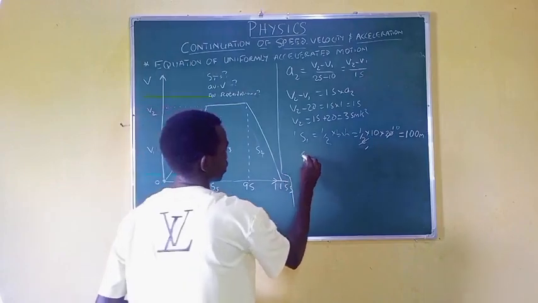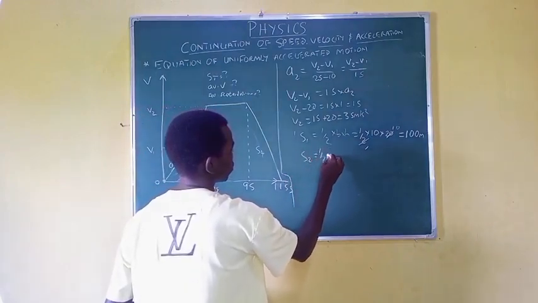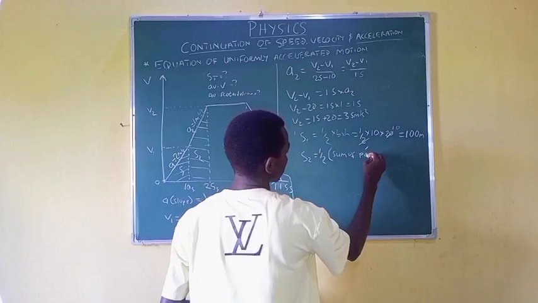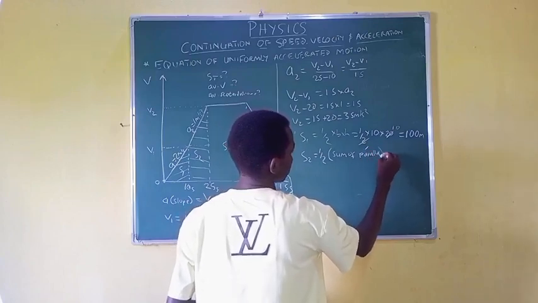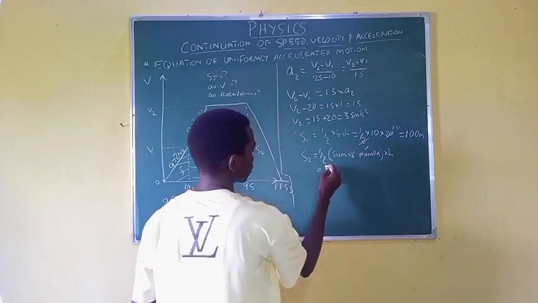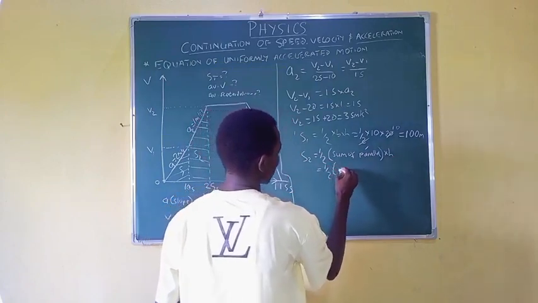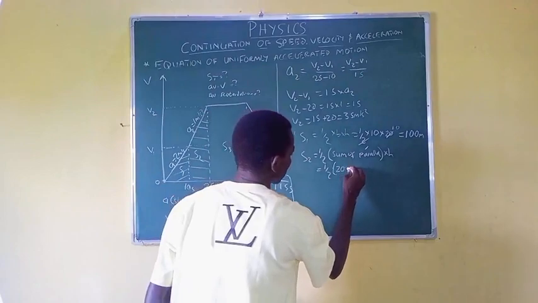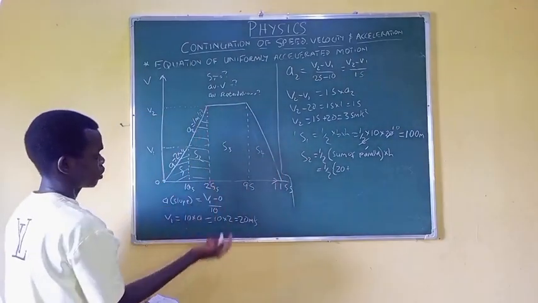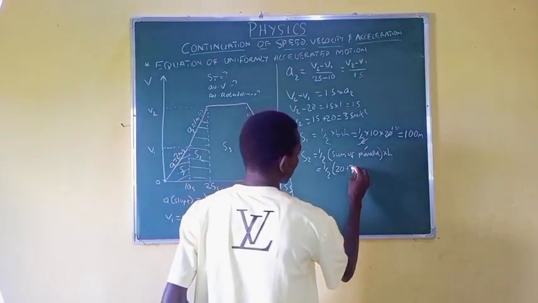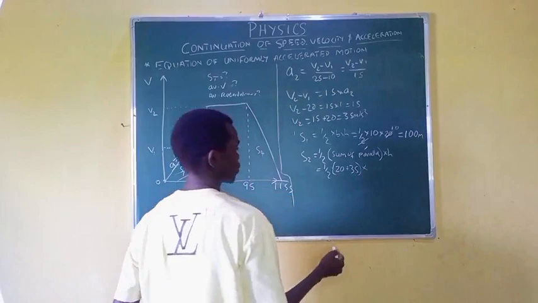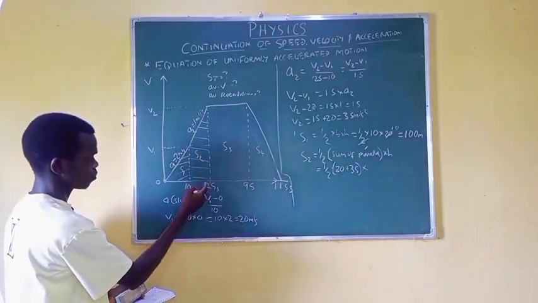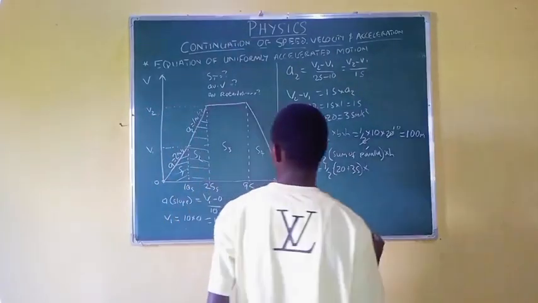So S2 is equal to 1 over 2 bracket sum of parallel sides times height, which is 1 over 2 bracket, from here to here is 20, plus from here to here is 35, times the height, which is 25 minus 10, which is 15.